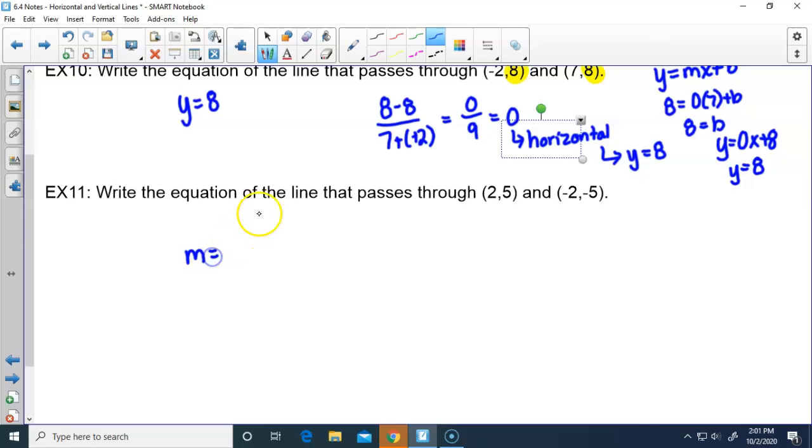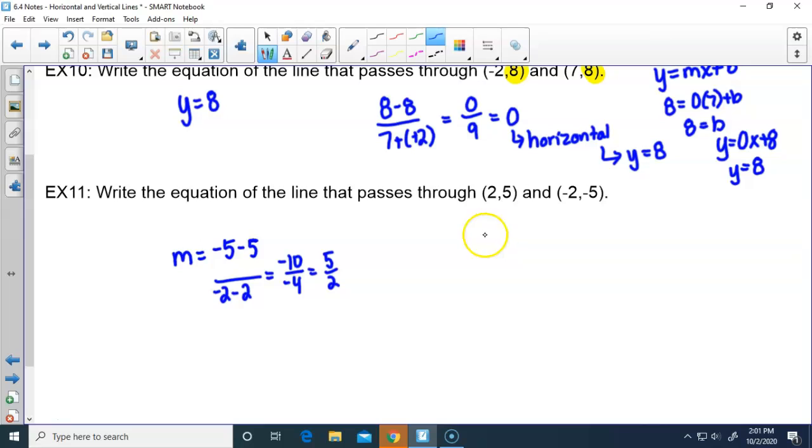So when we find our slope, we would do -5 minus 5 over -2 minus 2, and that is going to give us -10 over -4, which will give us a positive 5 halves if we reduce that.